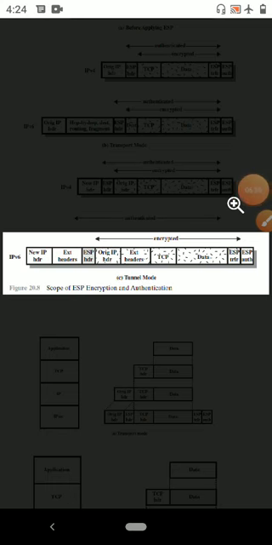The transport mode is suitable for protecting connections between hosts and supports the ESP feature. The tunnel mode is useful in a configuration that includes a firewall or other sort of security gateway that protects a trusted network from external networks.